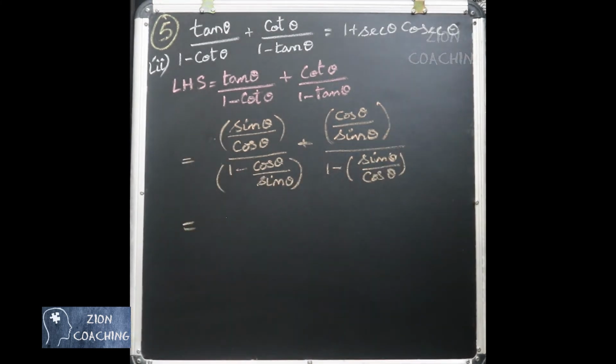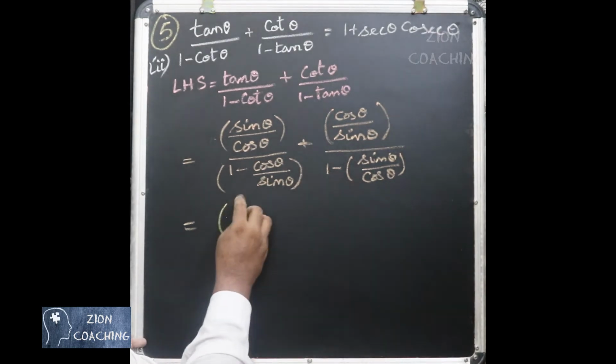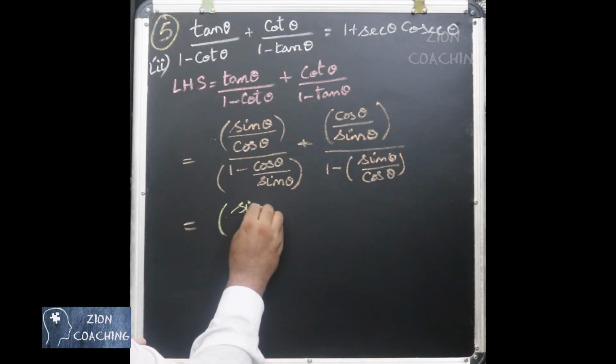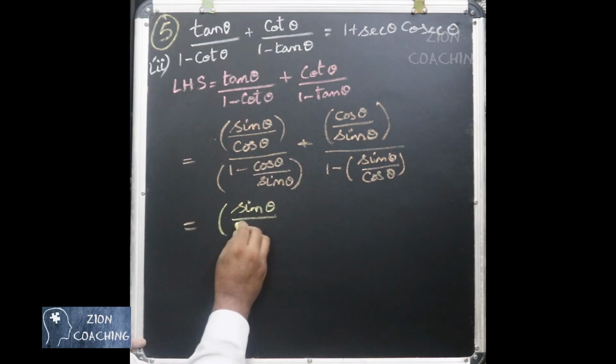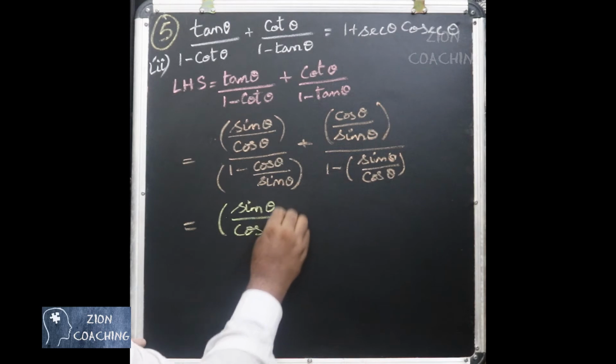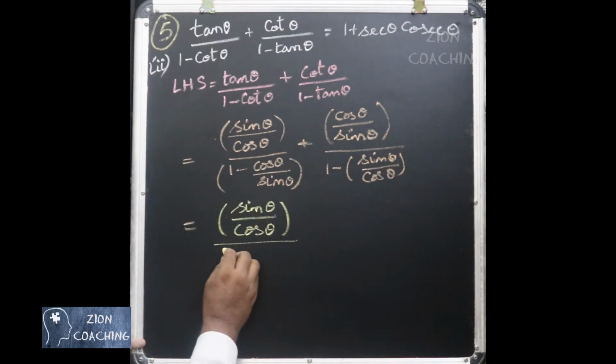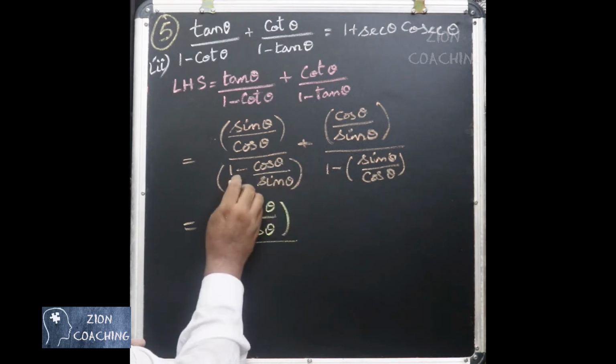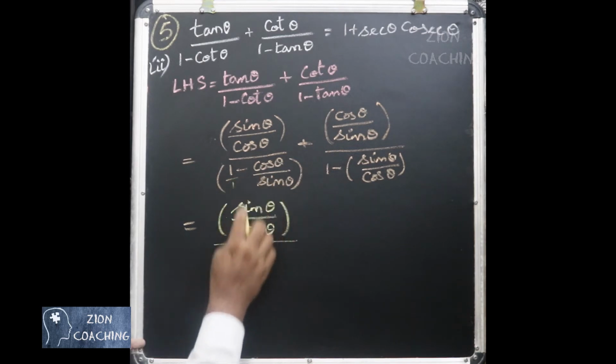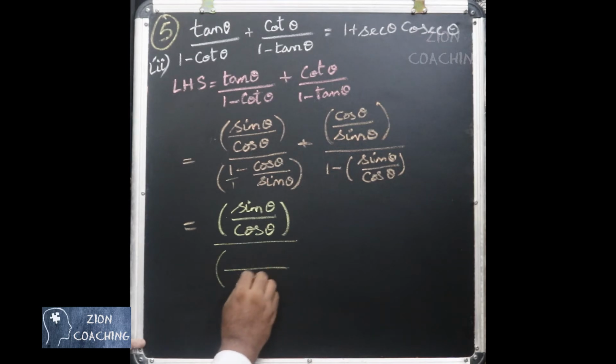Now when you take LCM, first we will write what is there in the numerator. We have sin theta by, when we take LCM, the LCM for these two, 1 and sin theta, is going to be sin theta.